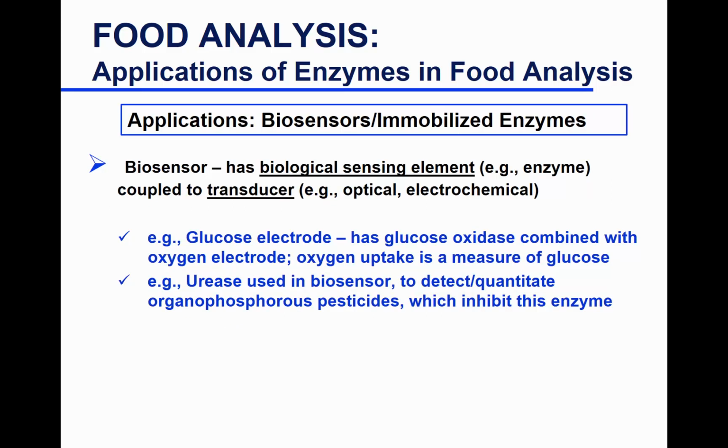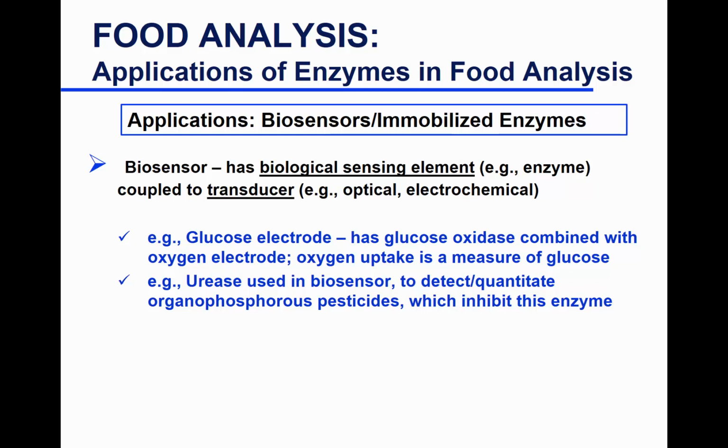Often you have biosensors that are enzyme based, where you have your enzymes immobilized. For example, we have something called glucose electrode, and the electrode has an immobilized glucose oxidase. And when you immerse it, it has also an oxygen electrode.